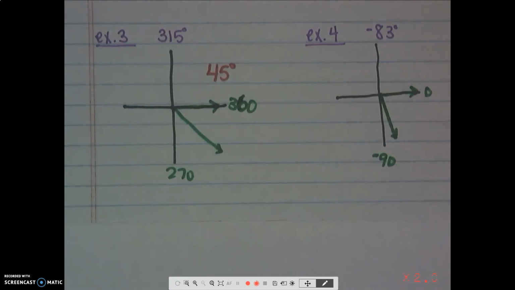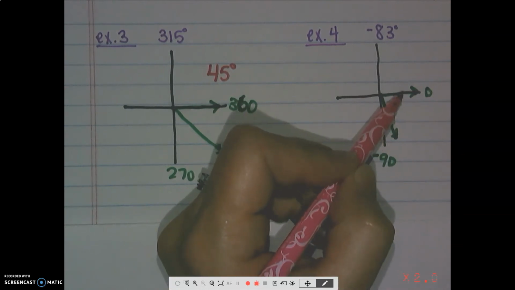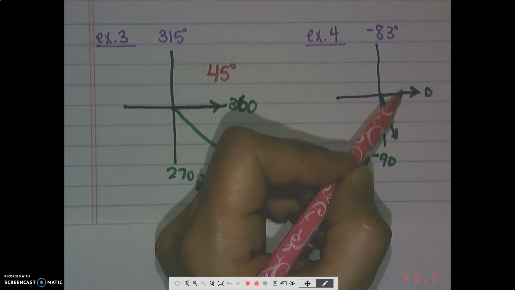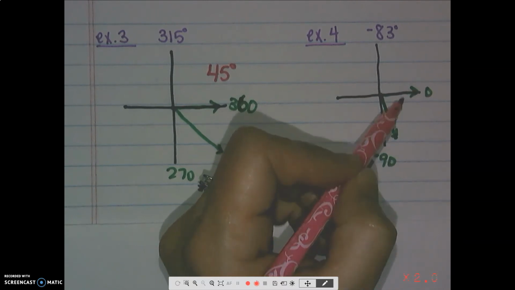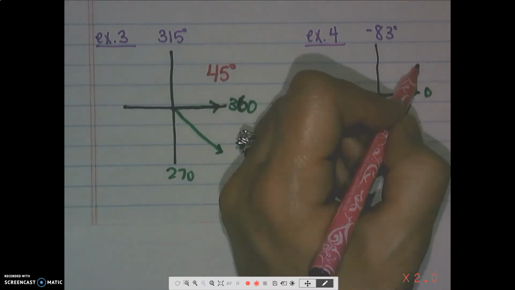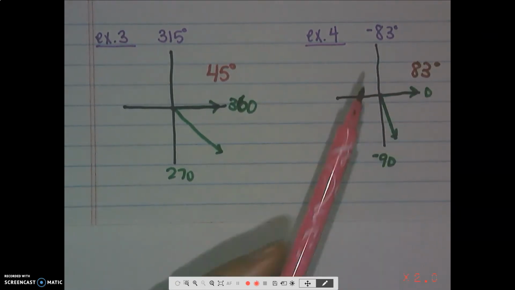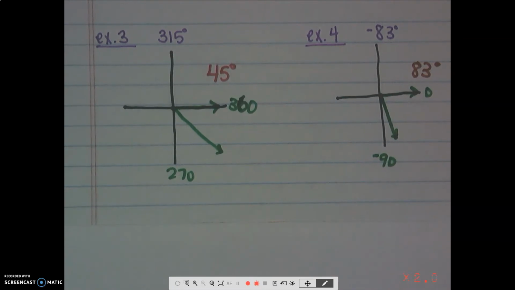So which way is it faster for us to go? It's faster for us to go this direction up to 0 degrees, okay, or negative 360 degrees is also the same thing there. So how many degrees would we need to go? For that one, we need to go 83 degrees. 83 is an acute angle, and it's how many degrees we have to go back to get to the x-axis.